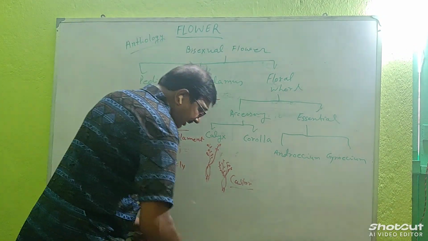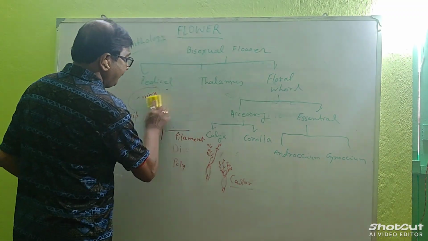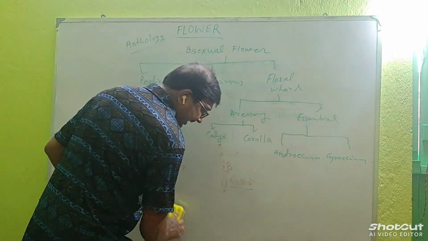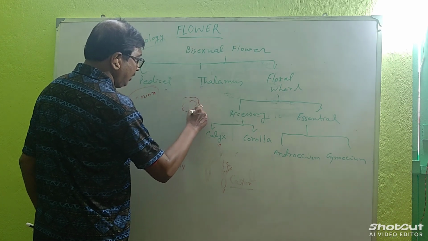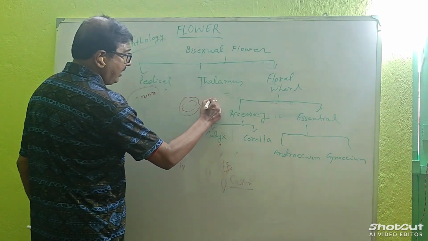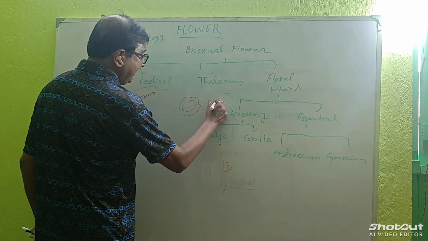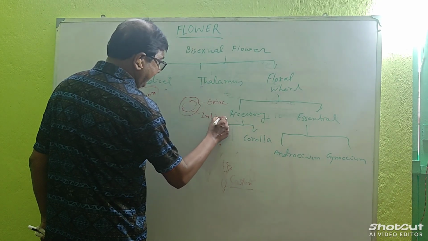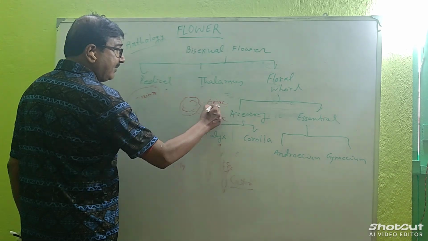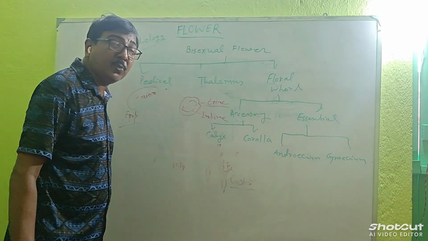What is the structure of pollen? The pollen structure is like this. Two layers are present, one is exine, another is intine. The exine is very hard, made by sporopollenin.